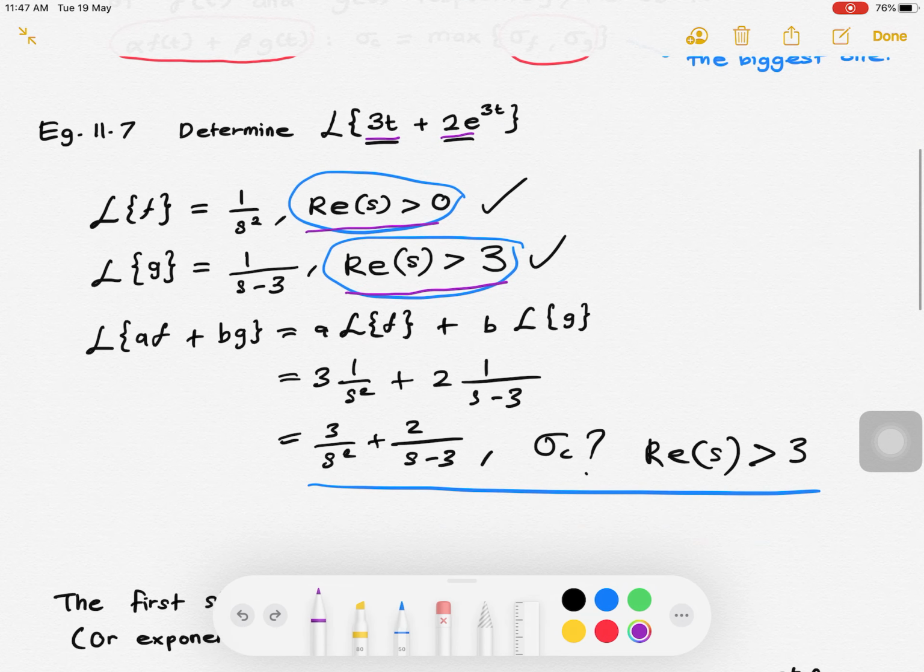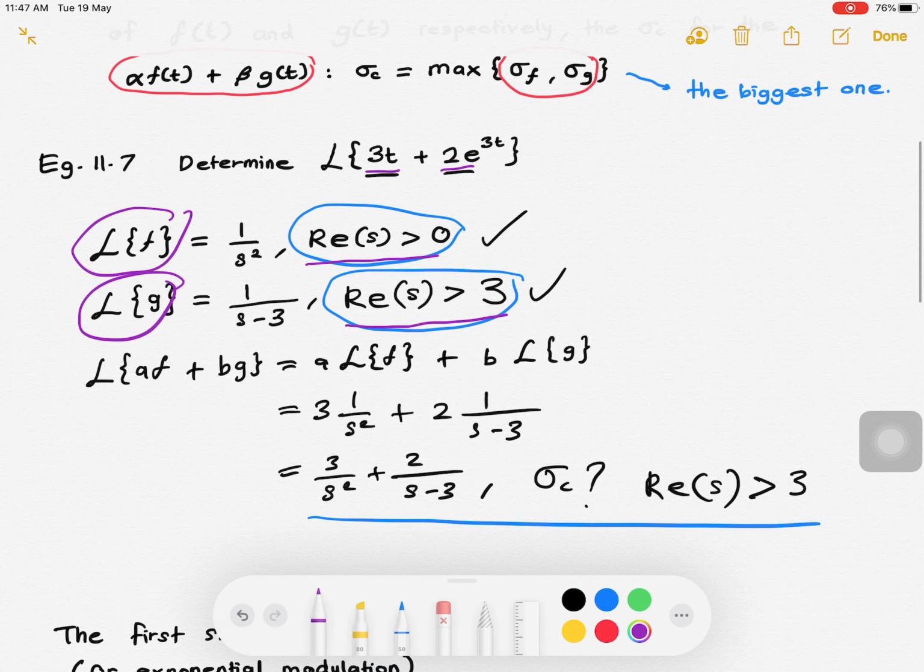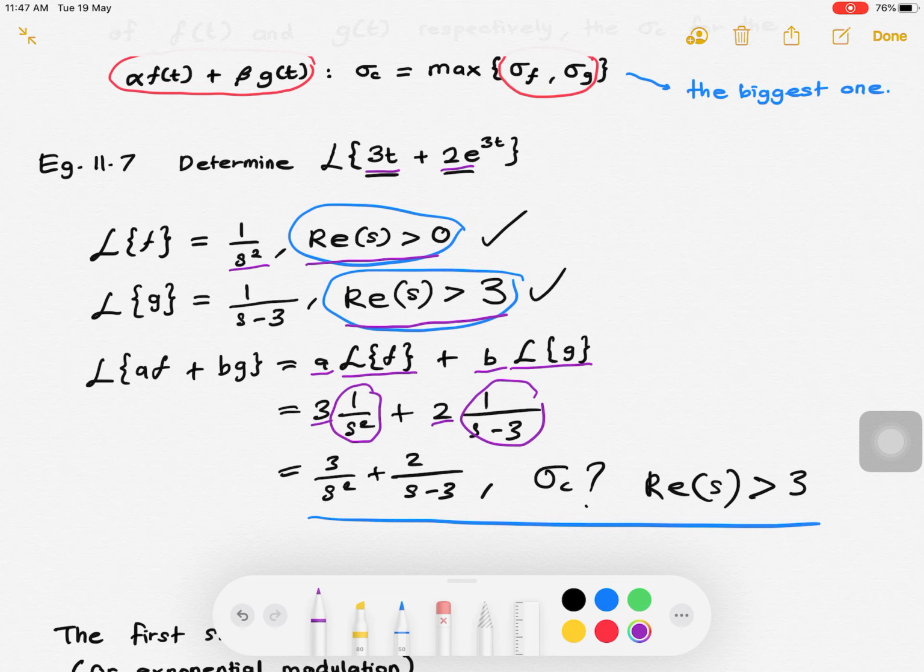Now we combine. We get these 2 components already. So we use the linearity property, and we will have this function. We put the functions inside here, and also the constants. The constant a is 3, constant b is 2. This is the answer from here, and this is the answer from here.